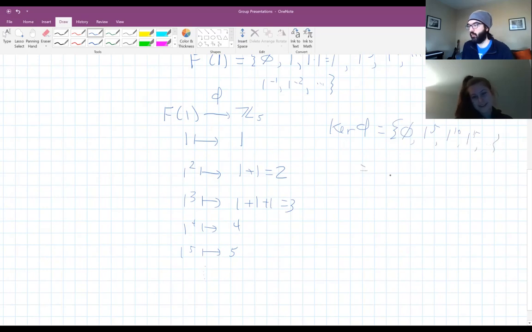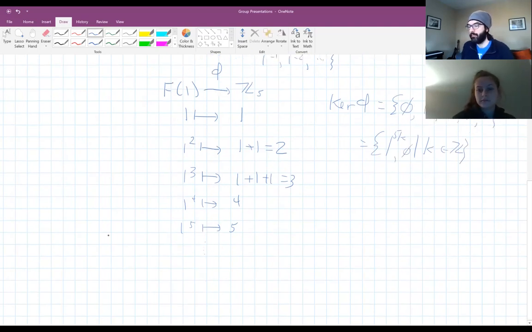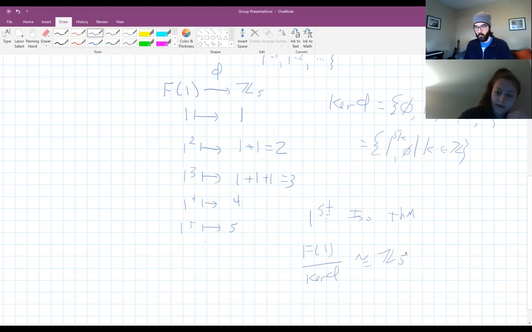So it's basically 1 to the 5k, where k is an integer, along with the empty word. Okay. So by the first isomorphism theorem, this free group on the symbol 1 modulo the kernel is isomorphic to Z5. Does that make sense? Yeah. Okay.